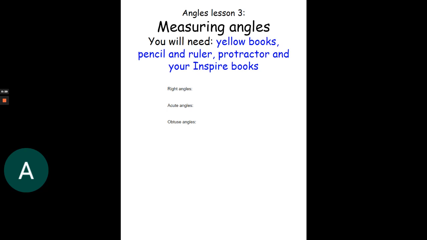Please talk to yourself and tell yourself what you know about those three types of angle. So remember, we're looking for the size of the angle, which one is which.